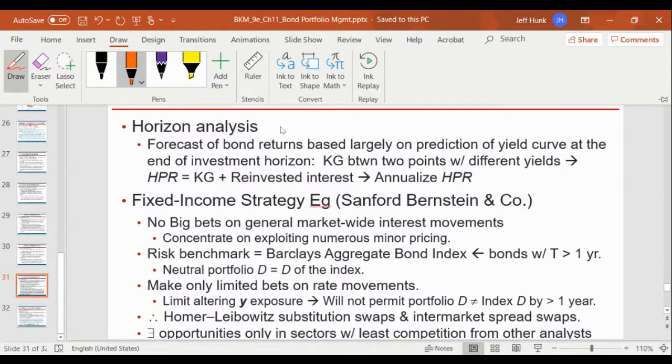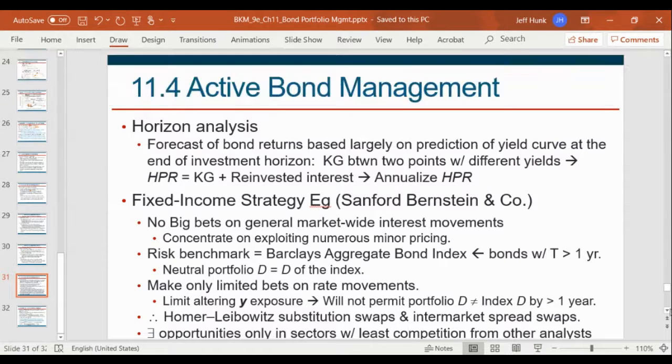If you can forecast interest rates, and as I said, long-term forecasting is relatively not easy and accuracy is relatively poor, but if you can accurately forecast long-term, then you would use horizon analysis to maximize your holding period return. Now, we're going to look into an example of that quickly.